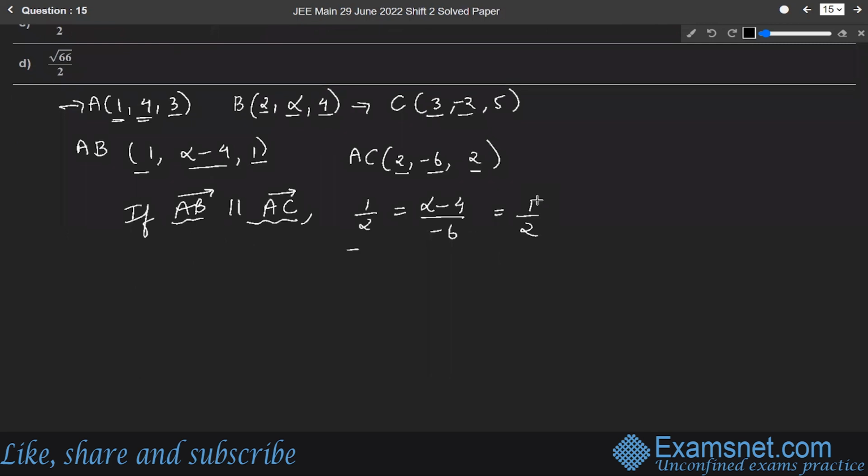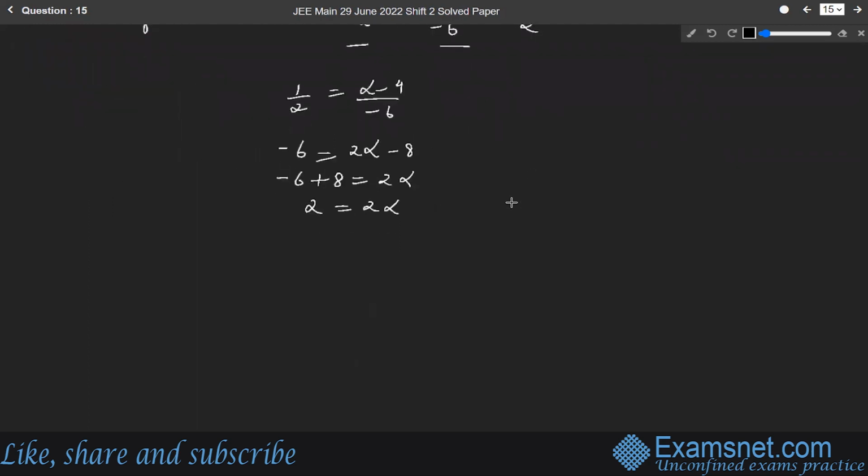So taking two terms, 1 by 2 is equal to alpha minus 4 upon minus 6. On cross multiplying, we have minus 6 is equal to 2 alpha minus 8, so minus 6 plus 8 equals 2 alpha. What is minus 6 plus 8? It is 2. So 2 is equal to 2 alpha, and we have alpha equal to 1.